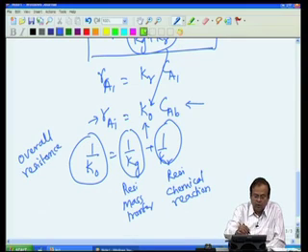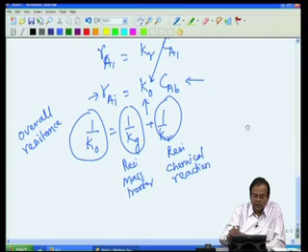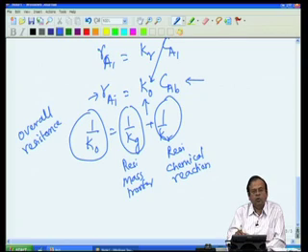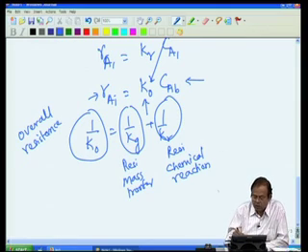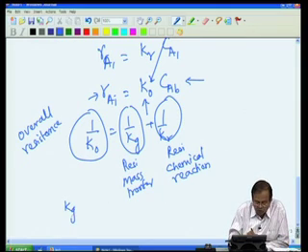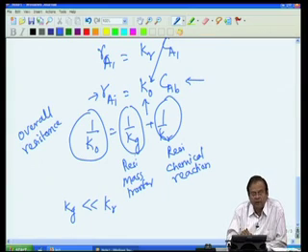So, now we can clearly see that if mass transfer resistance is high compared to chemical reaction, that means mass transfer value Kg is very much lower than Kr. That is the situation where mass transfer resistance will be high.